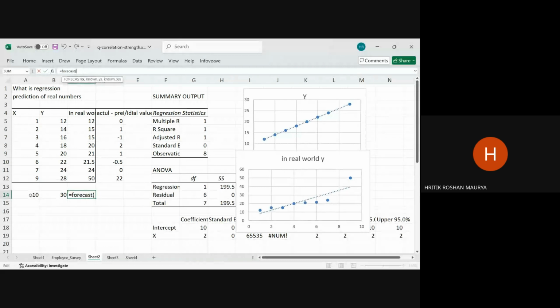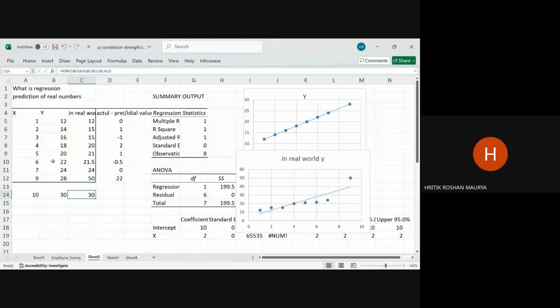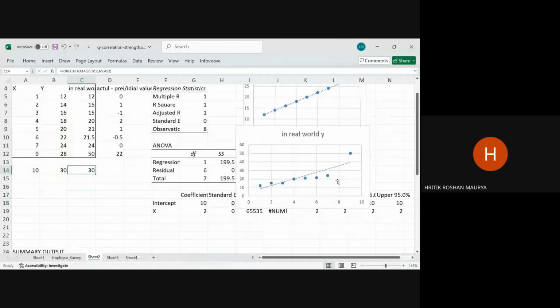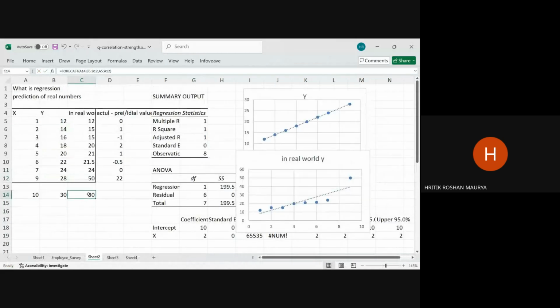This is the value I want to predict. These are the known values of y, and the known values of x. This automatically calculates everything: it calculates the x value, the intercept value, multiplies it and gives it back.